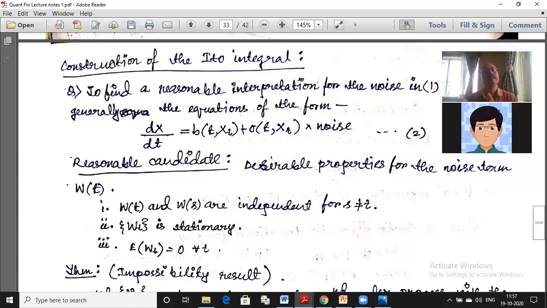Why do I say integration theory according to Ito? Because already for usual classical calculus, we know that there are different integration theories available. The integration theory that we learned in our first year informally and then later on formally is the Riemann integration. But that is not the only possible candidate for an integration theory.